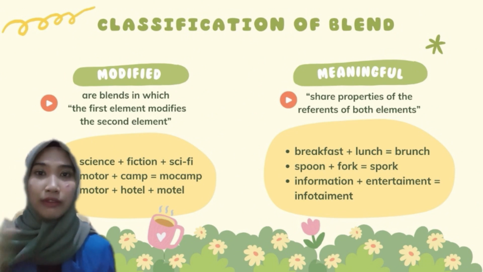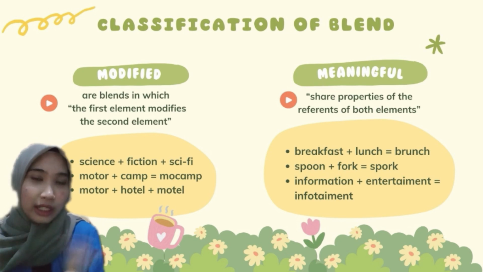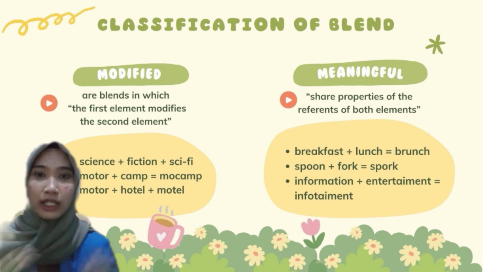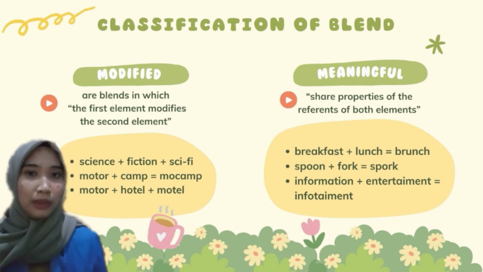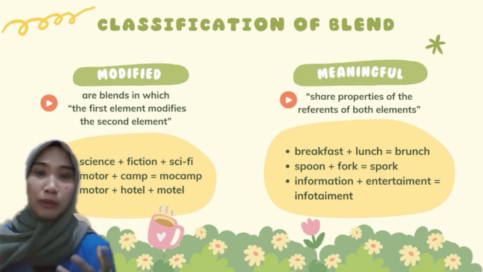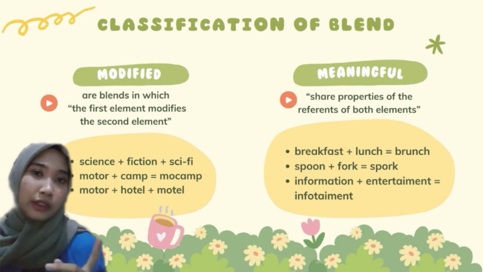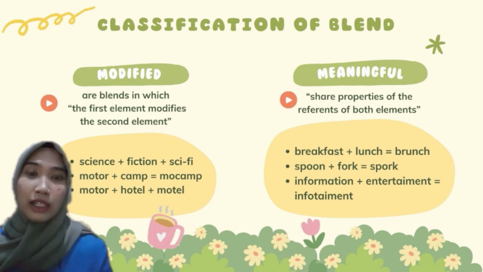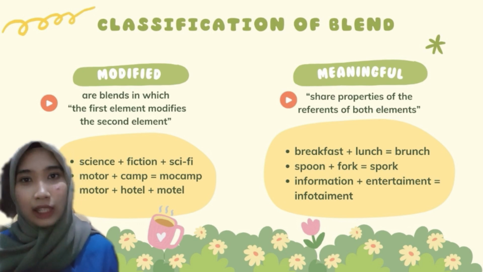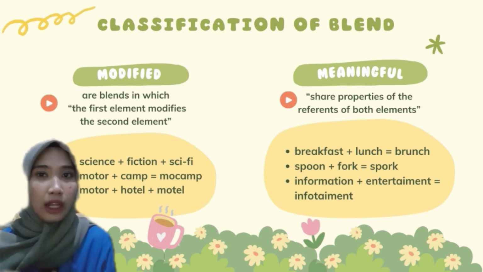We take the first element, sci, and we take fi, which became sci-fi. The second example is motor plus camp, which became mocamp. We take mo and we take camp, which became mocamp.